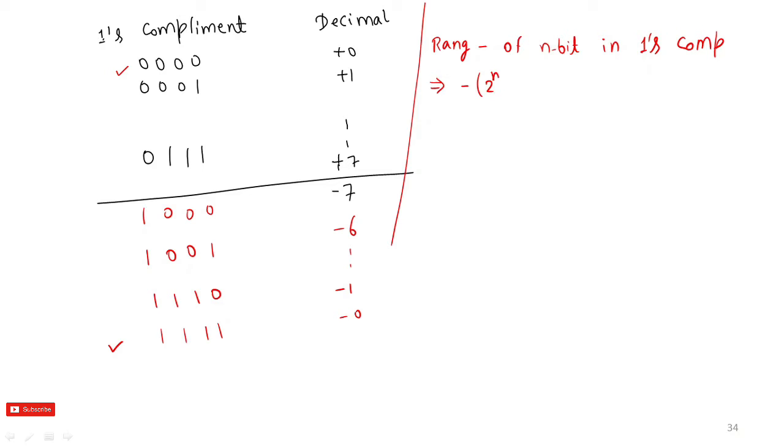Minus 2 to the power n minus 1, minus 1, to 2 to the power n minus 1, minus 1. Okay.